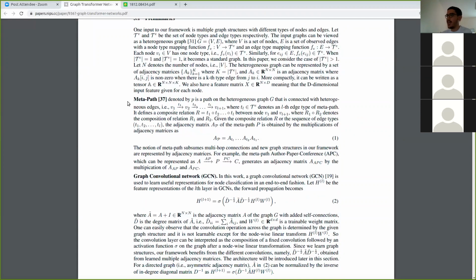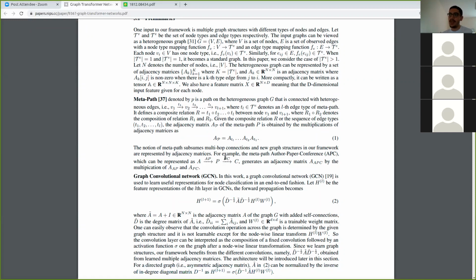So here's a notational definition of metapaths. You're interested in finding a path connected with heterogeneous edges, and the way that the metapath graph structures are defined is by matrix multiplying the adjacency matrices for each edge type.